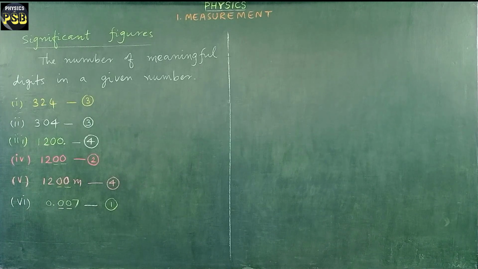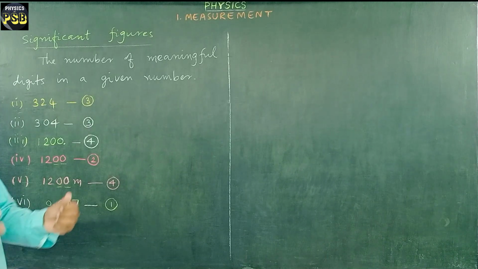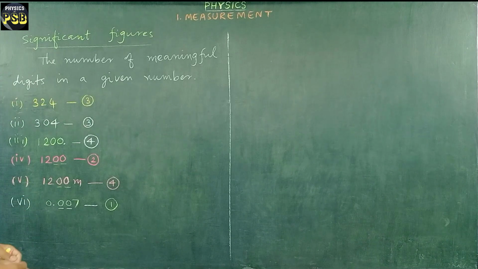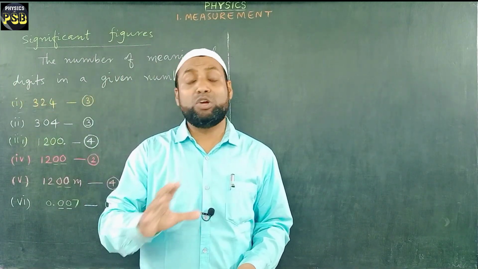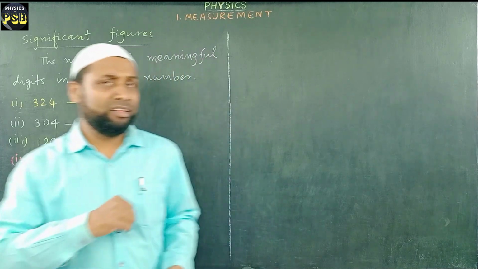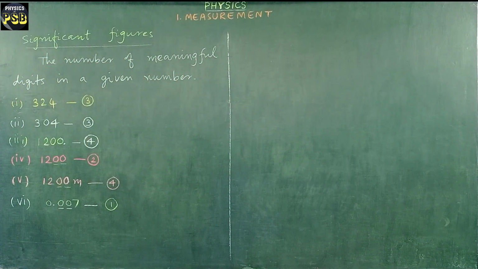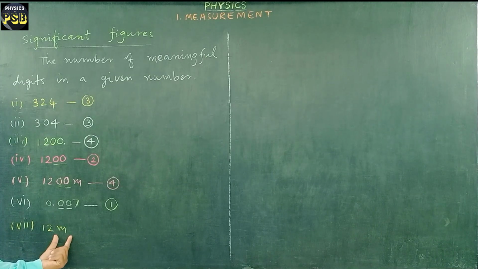Alright. And next, a very important thing you need to know about significant figures is that the count of significant figures does not vary if you change the unit. Now let me explain this to you. Here I take a simple example, say 12 meter. Now meter is the SI unit of length.